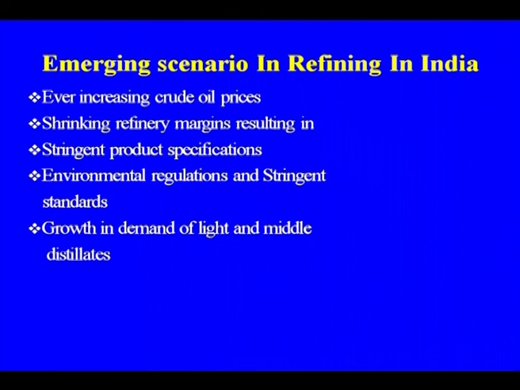It was 01 to 05, now we are going further. So growth in the demand of light and middle distillates, because of more and more vehicles, automobiles, trucks and others for transportation.